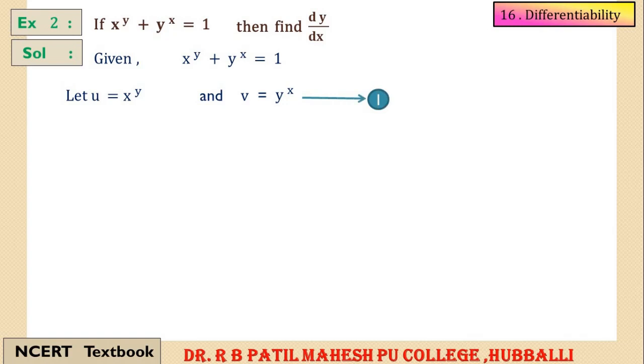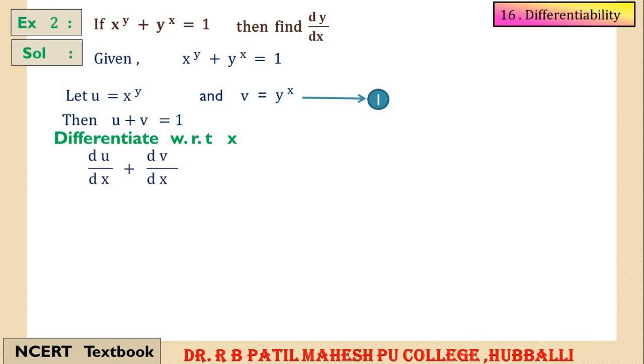So then the given function becomes u plus v is equal to 1. You differentiate this with respect to x. So u is a function of x, v is also a function of x. So when you differentiate, it is written as du by dx plus dv by dx is equal to 0.